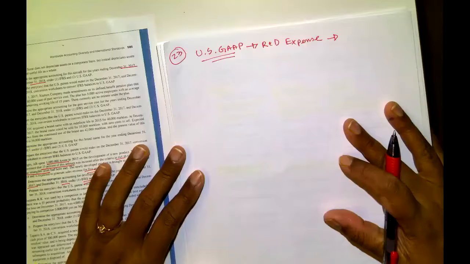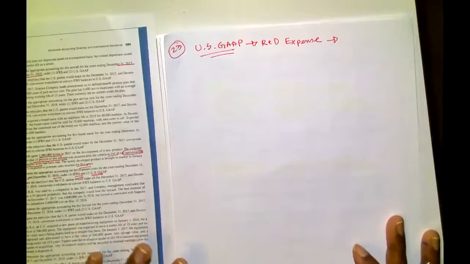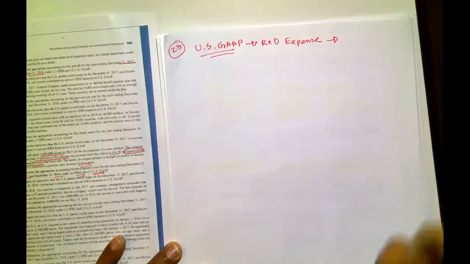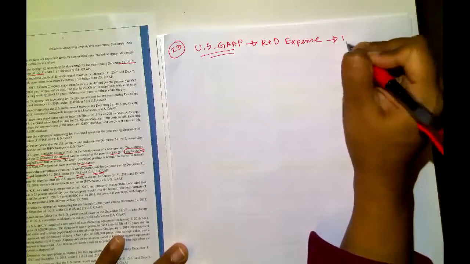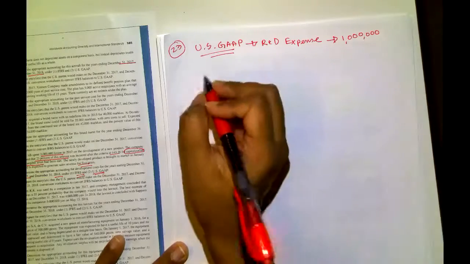Yes, Maureen, please. $1 million. Yes, because GAAP says you have to show the entire amount as an expense. So their R&D expense will be 1 million.